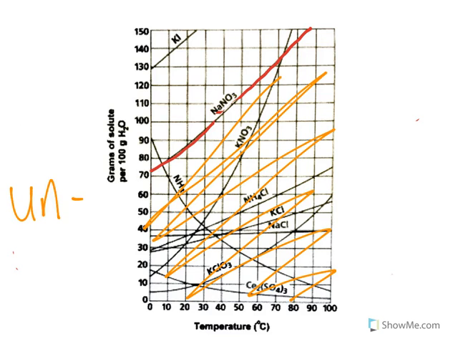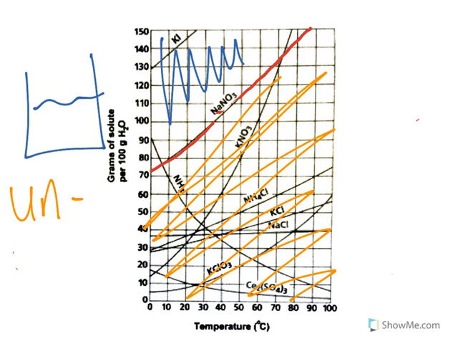That's unsaturated. Okay, if you're up above the curve, if you're in this region, that means that as you add more solute, you can't get it to dissolve anymore, and it's just going to sink to the bottom of the cup and stay solid. So that is here. We're saturated, we just can't get any more to dissolve.